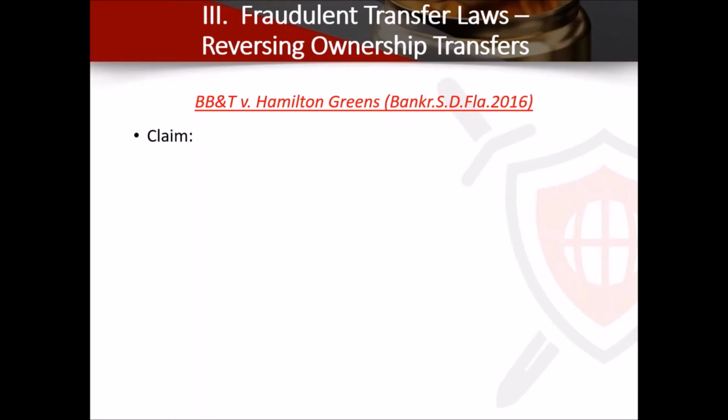The way it works, there's a case on it actually. The idea in Florida is it's an exception to the fraudulent transfer rules.